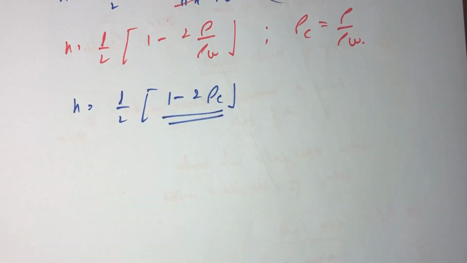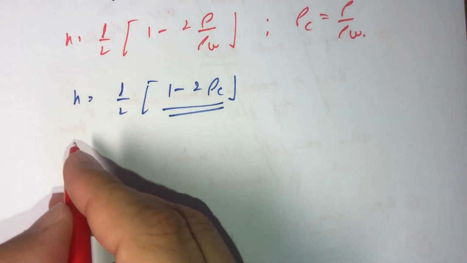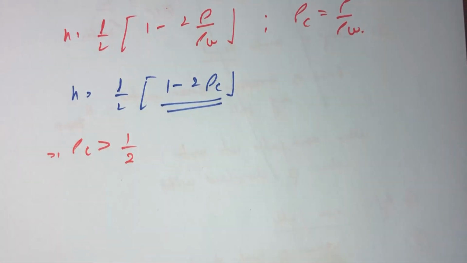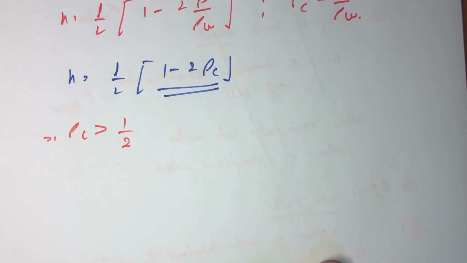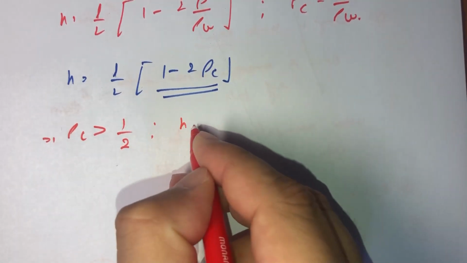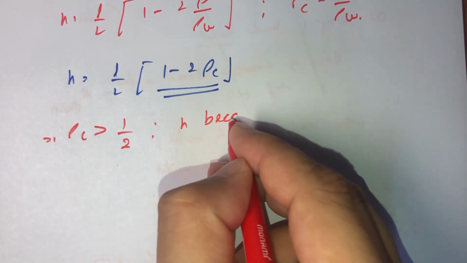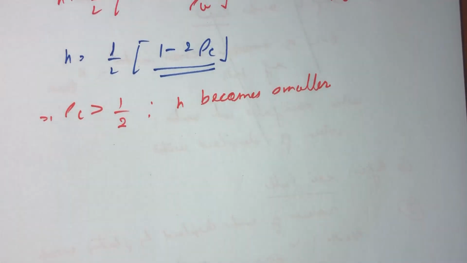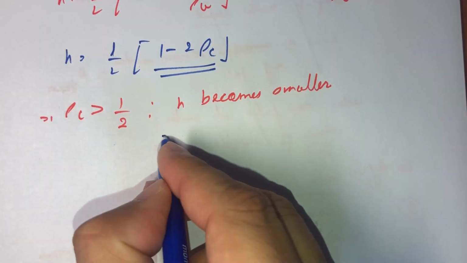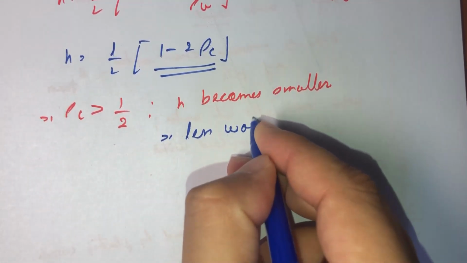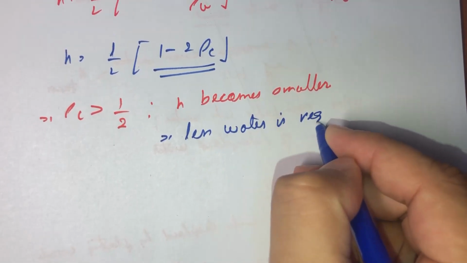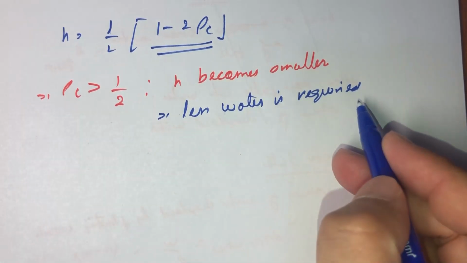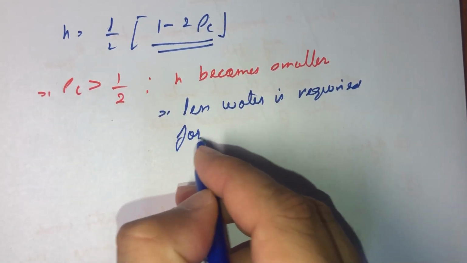Therefore, we can write that if rho c is greater than 1 by 2, h becomes smaller, or we can say less water is required, because h is the height of the water inside the shell, so less water is required for equilibrium.